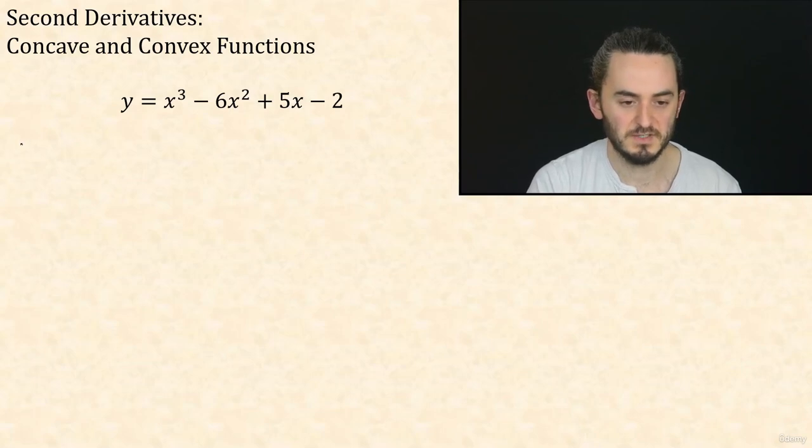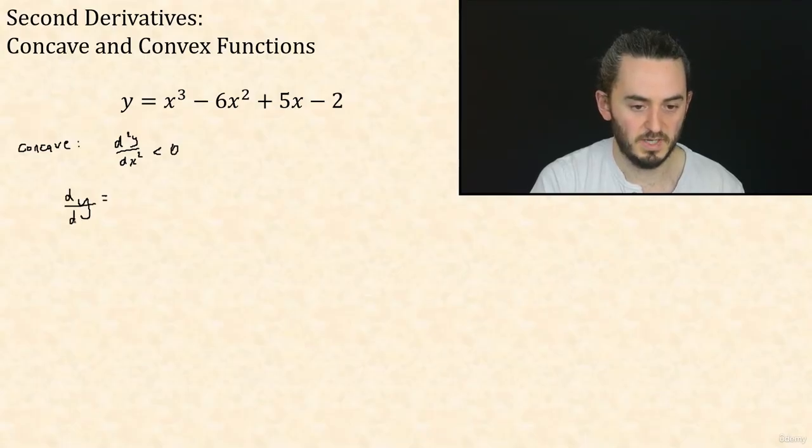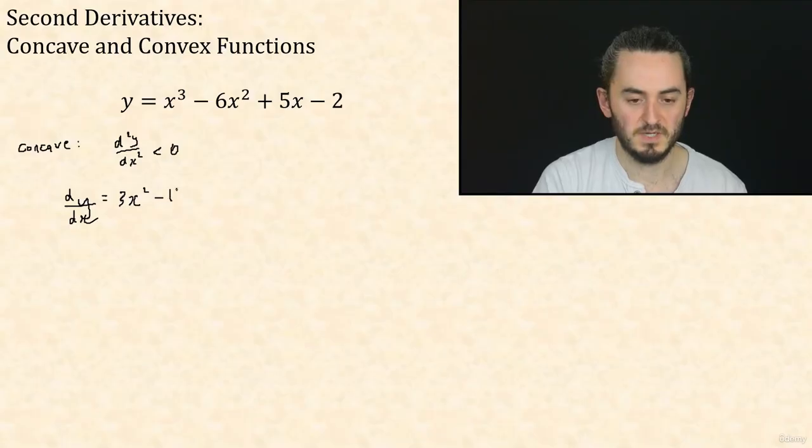So let's first try to find the concave part of the graph. The concave part of the graph was where the second derivative is negative. It's where the gradient is decreasing. So I'll find the first derivative. So dy by dx is 3x squared minus 12x plus 5.